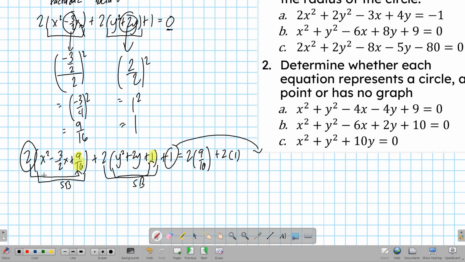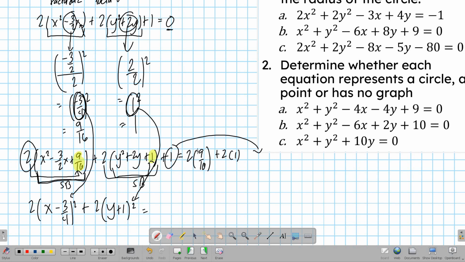So, ngayon, this would now become 2 times x minus 3/4 squared plus 2 times y plus 1 squared is equal to 9 over 8. That's 2 times 9 over 16 plus 2 minus 1.